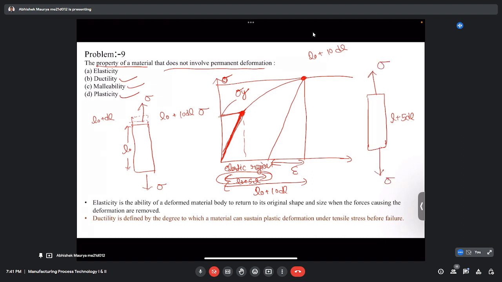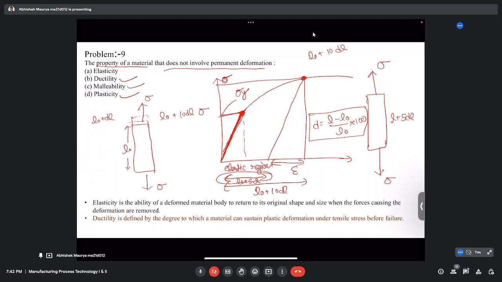Whatever deformation we get is called the ductility of the material, or mathematically, ductility is (L minus L0) upon L0 into 100, the percentage elongation. That is how we define the ductility.